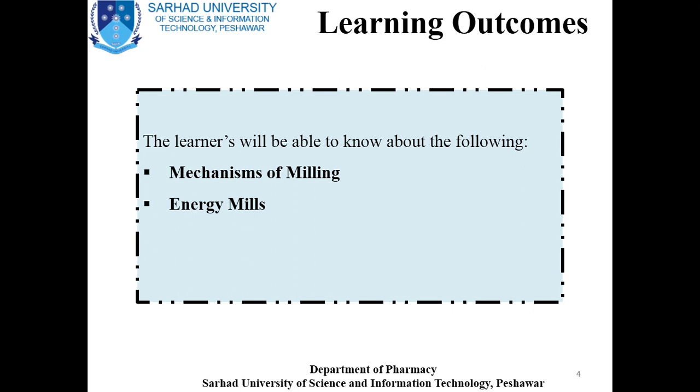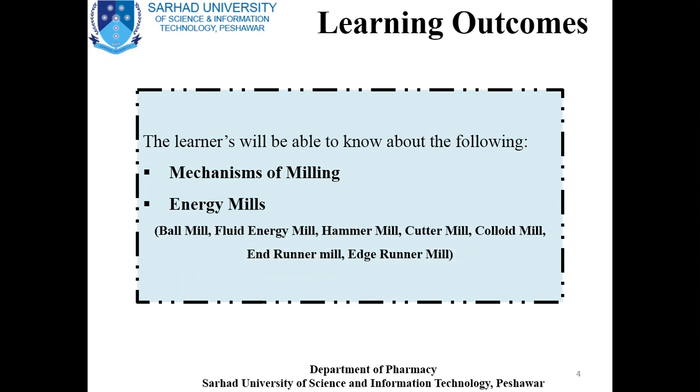In the second part of the lecture, we will discuss the different types of energy mill, and which type of mechanism is involved in the particle size reduction of material using the ball mill, fluid energy mill, hammer mill, cutter mill, colloid mill, end runner mill, as well as edge runner mill.